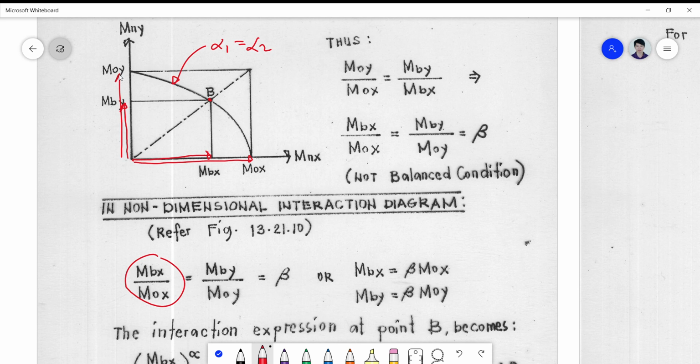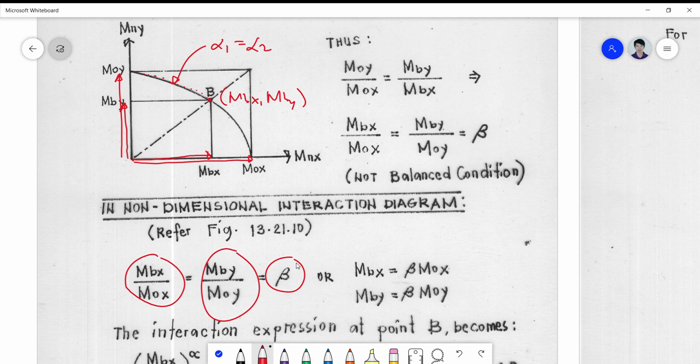So, this is the search mo yan. Sa search mo yung point B. Saan nakatama yan para mag-equal ito? Yan, equal. And after getting that point B, which is named as MBX and MBY, so the coordinates of these are MBX, MBY, yun yung point B mo, no? So you define that ratio to be beta.